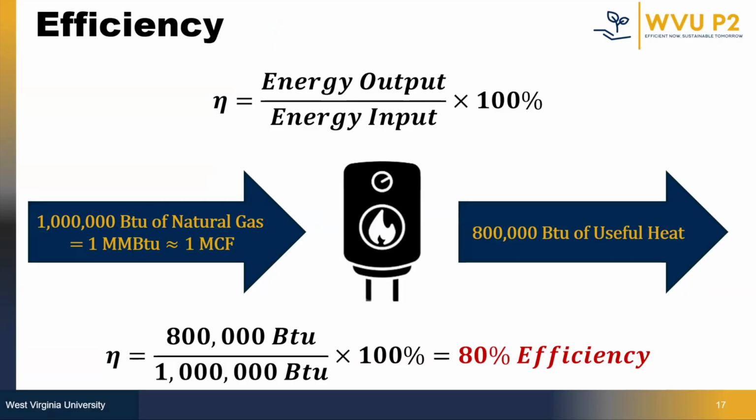That means the boiler will give us an output of 800,000 BTU equivalent of power. In this case, the remaining 20% of the energy is lost. These losses can occur for various reasons, including thermal loss from the surface of the boiler or incomplete combustion of fuel. We'll discuss all these losses shortly.